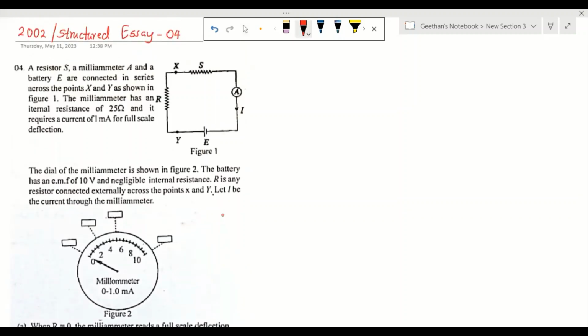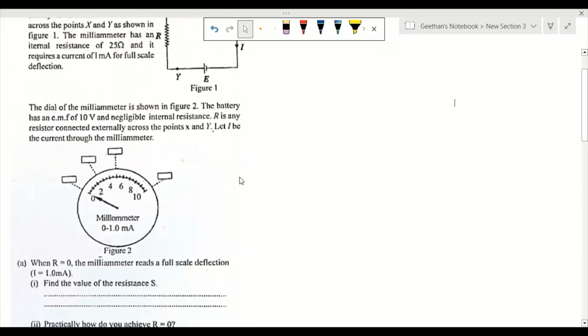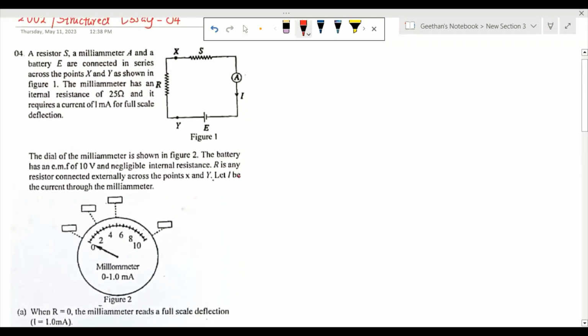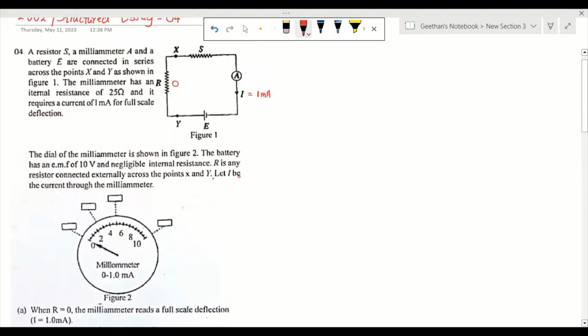Right. So when R is 0, the current here is 1 milliampere. The battery has an EMF of 10 volts and there's no internal resistance.